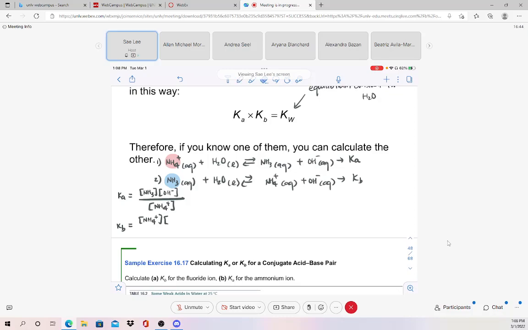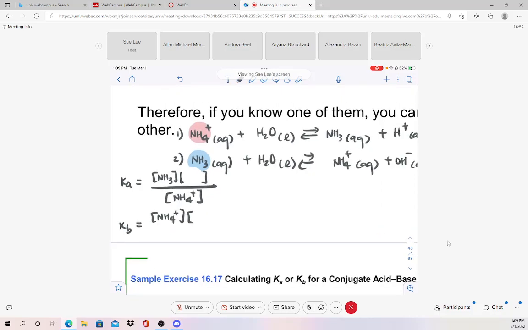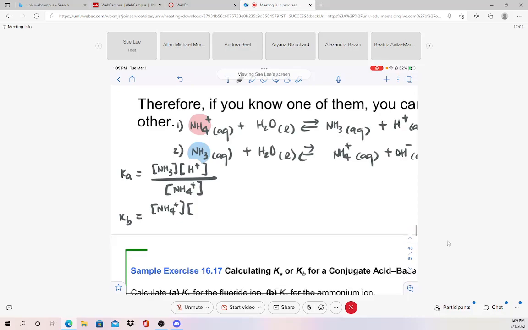I made a mistake. This will produce hydroxide.